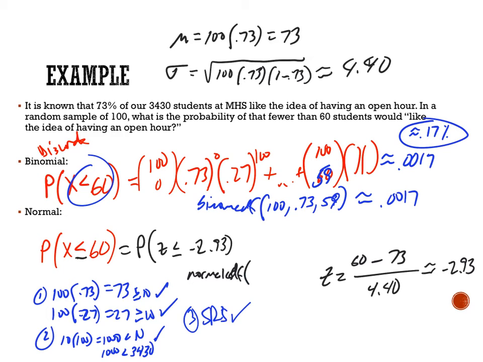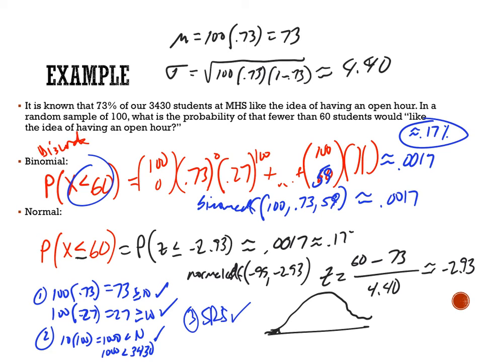Normal CDF from negative 99 to negative 2.93. Okay, again, our curve is, here's negative 2.93, and we want everything less than that. So we normal CDF, negative 99 to negative 2.93, and that gives us approximately 0.0017, which is, of course, approximately 0.17%.